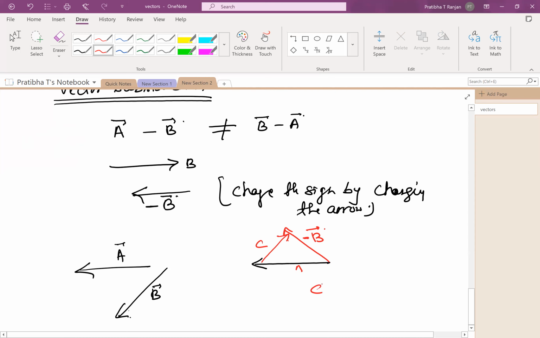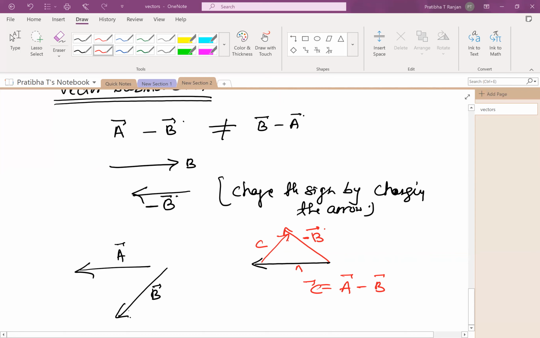So here C will simply be vector A minus vector B. Sometimes you need to flip, sometimes there's no need, but whenever you flip, the sign is going to change.